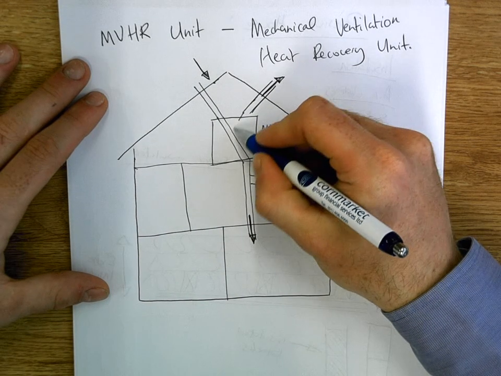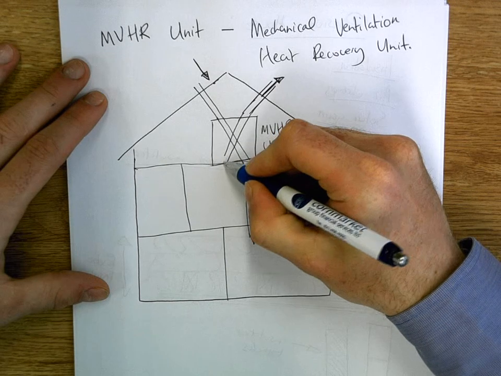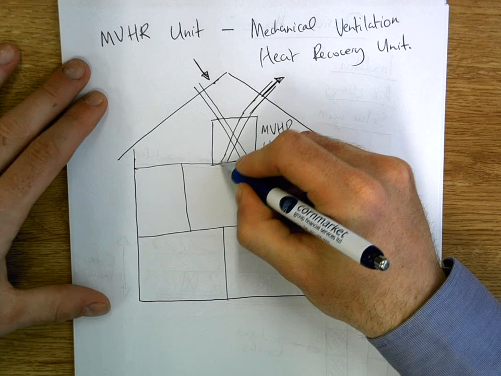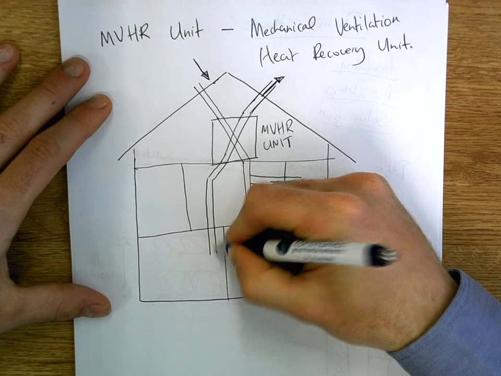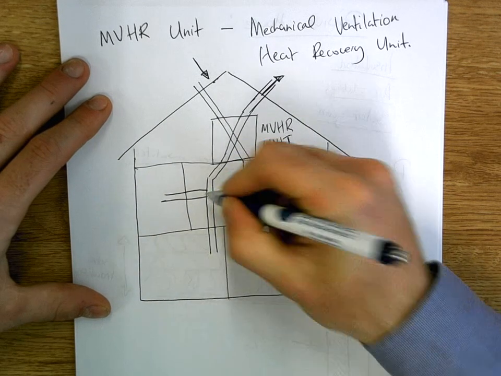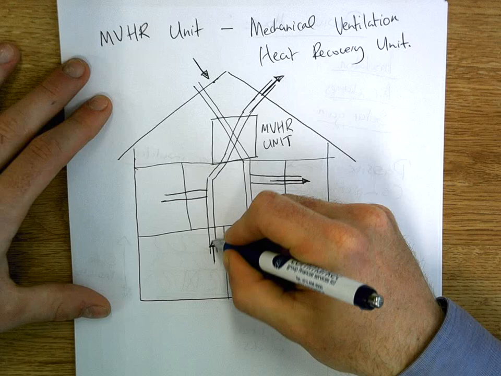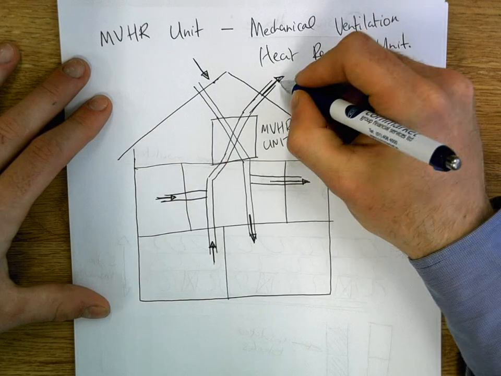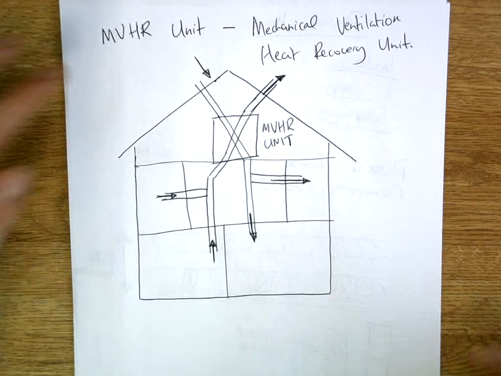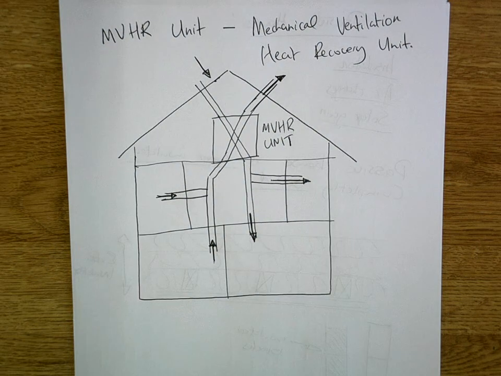Again, these will pass through the unit and they'll be extracted from your rooms downstairs and your rooms upstairs. Put the arrowheads in to help explain the direction the flow is going, and outside. Okay, so you have fresh air coming in, you have stale air going out.